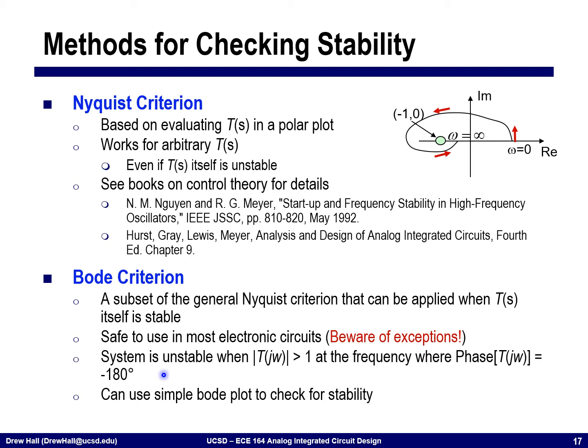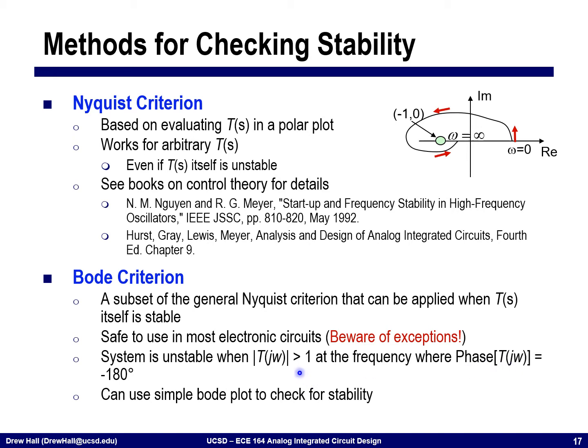All right, so what we're looking for in the Bode criteria is that the magnitude of the loop gain is greater than 1 when the phase crosses minus 180 degrees. Okay, and so this is one of the criteria that we're going to use. This is called the phase margin. We also need to look at the other condition of this, which is what happens when the phase hits minus 180, where is the gain?